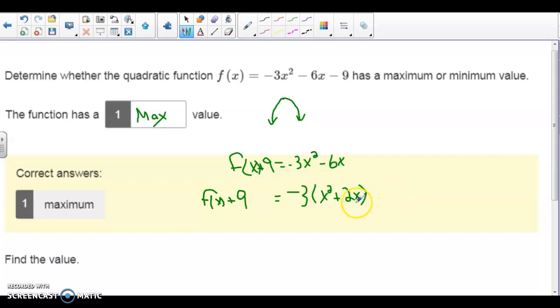Now if we complete the square inside of here, I would take half of b and square it and add it to both sides, so we're going to add 1 to both sides. But if I add 1 to the right hand side, I'm not really adding 1 because there's a -3 in front of the parentheses. So that means I'm actually subtracting 3 from the right hand side. So I subtract 3 from over here and I get f of x minus 6.